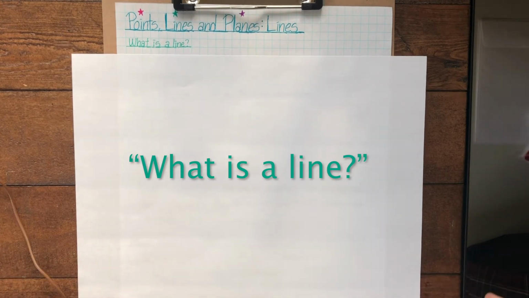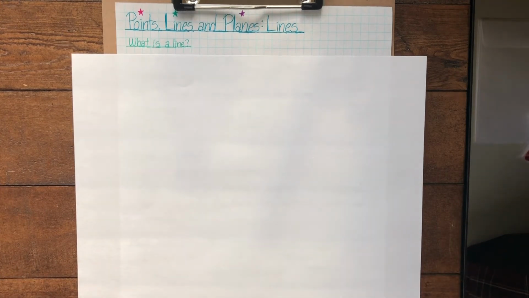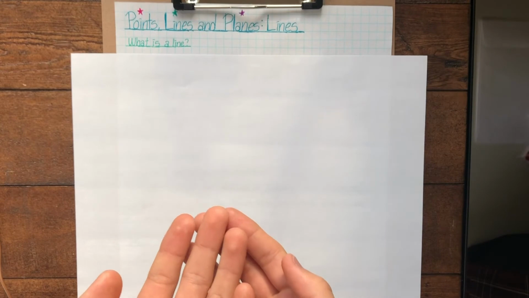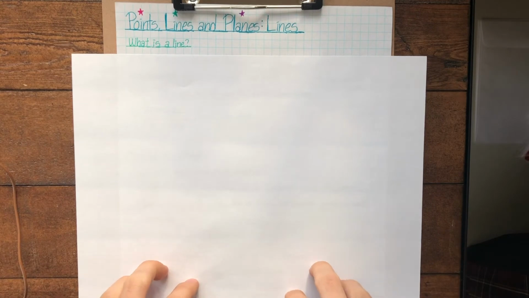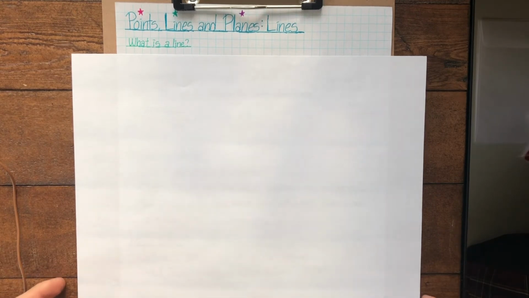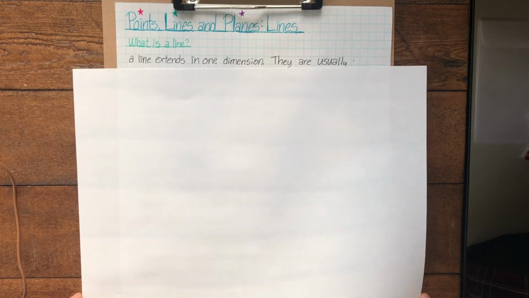I went over that in my last video about planes. Points, lines, and planes don't really have a specific definition. They're called undefined terms, but I will try my best to explain it in the least confusing way possible. So I hope you guys understand this.